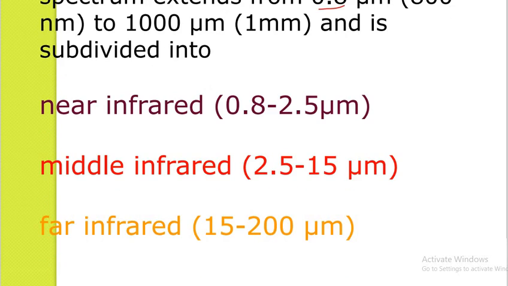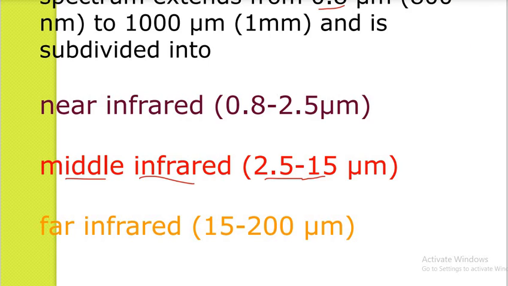Near IR region is between 0.8 to 2.5, and the middle infrared region is 2.5 to 15. This region is mainly important. We will be doing mainly this region, and then far infrared is 15 to 200 micrometer. So we are concerned mainly with the middle IR region, which is between 2.5 to 15.